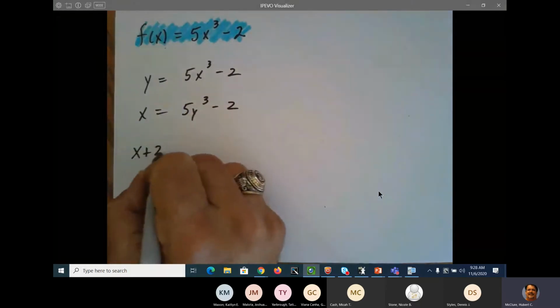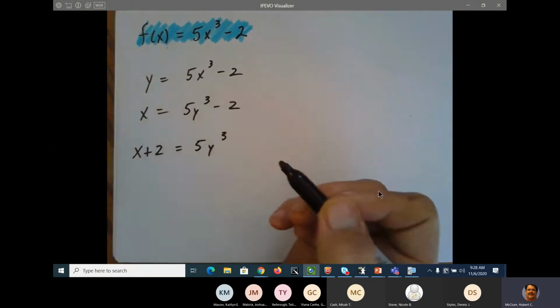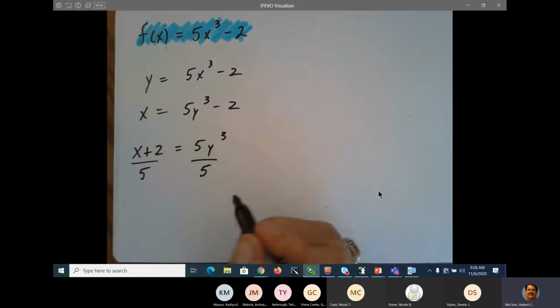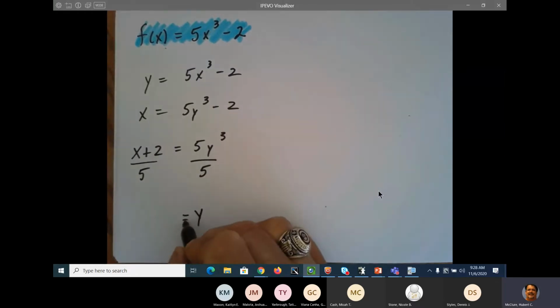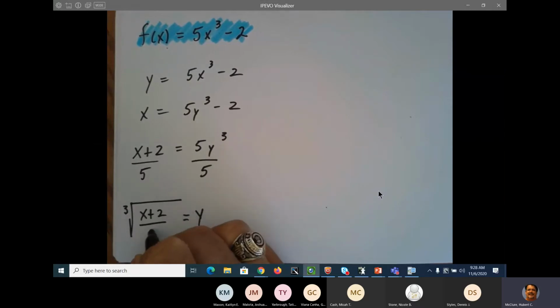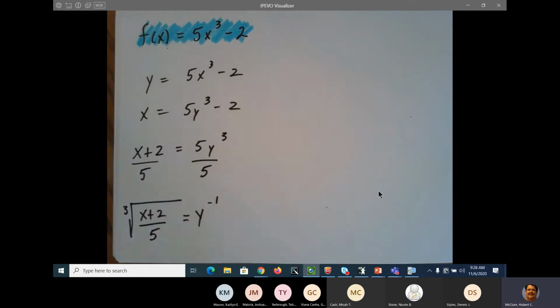X plus 2 is equal to 5y cubed, divided by 5. Y is equal to the cube root of x plus 2 over 5. And we'll go ahead and call that y inverse. And that should be the pink.